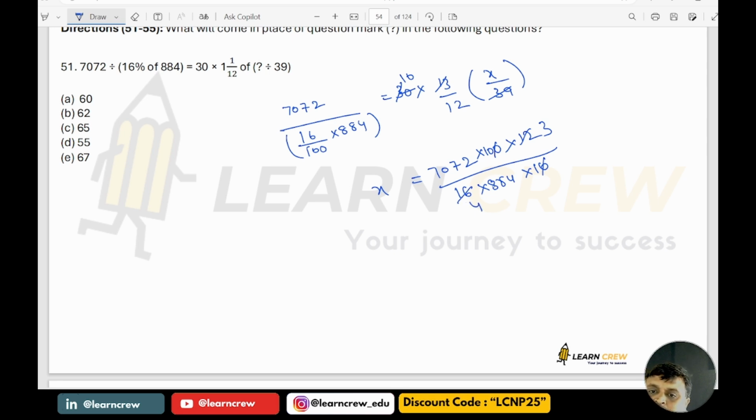Now how many times 4? 4 17s are 68, 4 6s are 24, 4 8s are 32. 884 comes 2 times. Thereby x you got as 20 into 3, which is 60. X is 60 here. So the answer is 60.